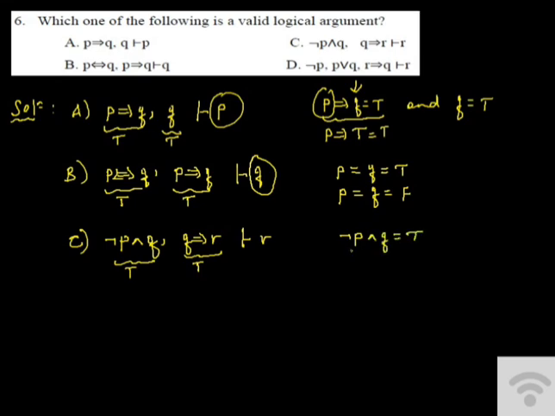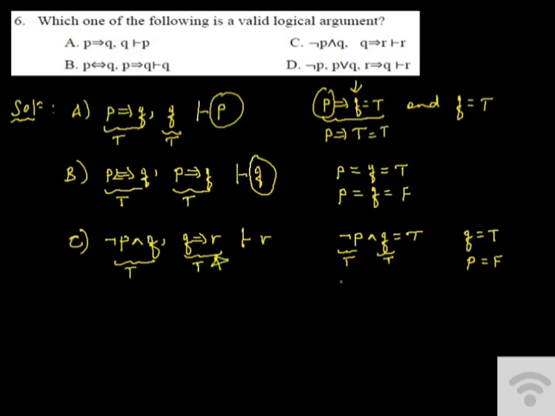The negation of P and Q is true means both negation of P and Q must be true. So Q must be true, and the negation of P is true. True and true is true. No other option. So negation of P is true means P is necessarily false.